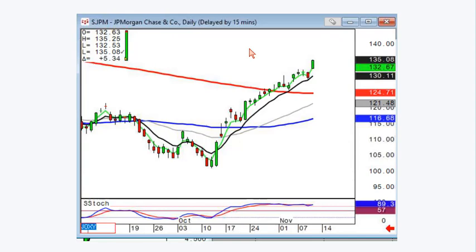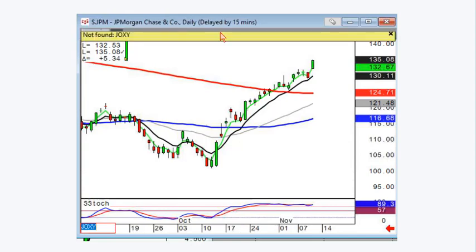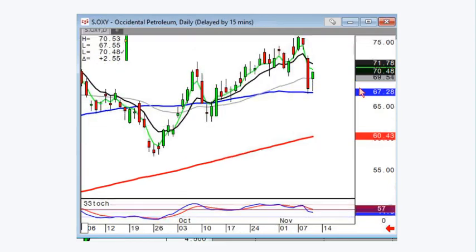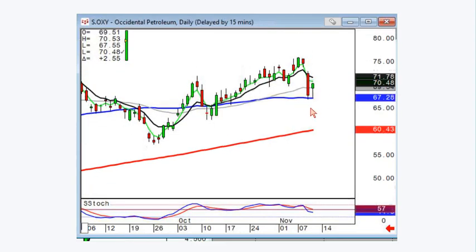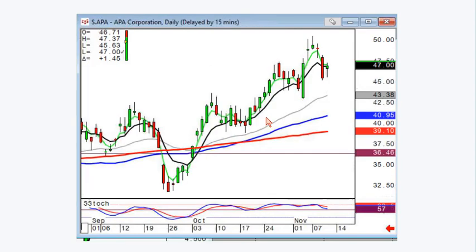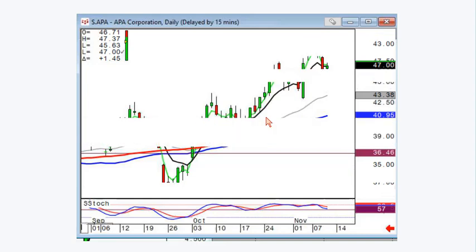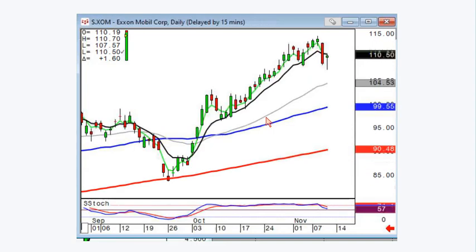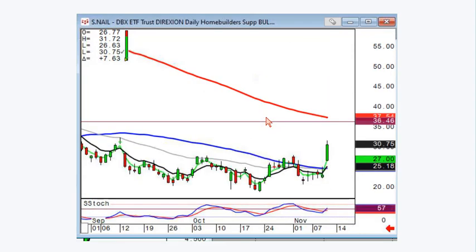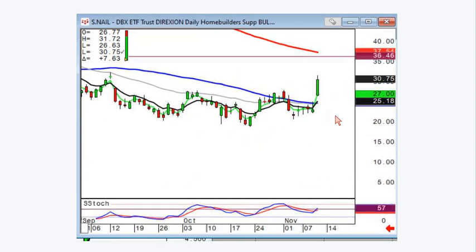Occidental, all of the oils were kind of consolidating a little bit today. So right now, I wouldn't be long or short Occidental, wouldn't be long or short Apache. ExxonMobil, same thing. They're in consolidation stage. Now you have to see what they're going to do with them from this level. Nail, that one you could be buying.